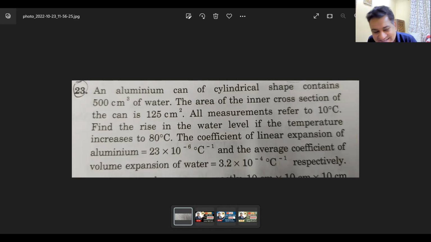We'll take it as expansion in length. So we can neglect the expansion in area. Whatever increase in the volume of water we have got, we divide it by the area of the cross section. That should give us the rise in the level of water.